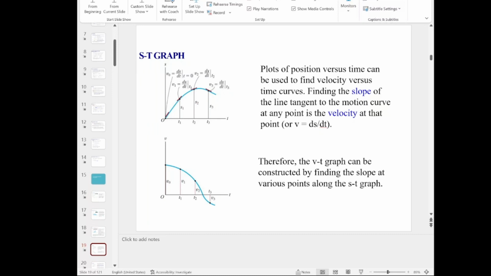And then you do the same thing up here. You evaluate it at this time, for whatever this time is. You could determine the velocity at that point. So you could go through here and determine the velocity at any point along this, or any point in time.